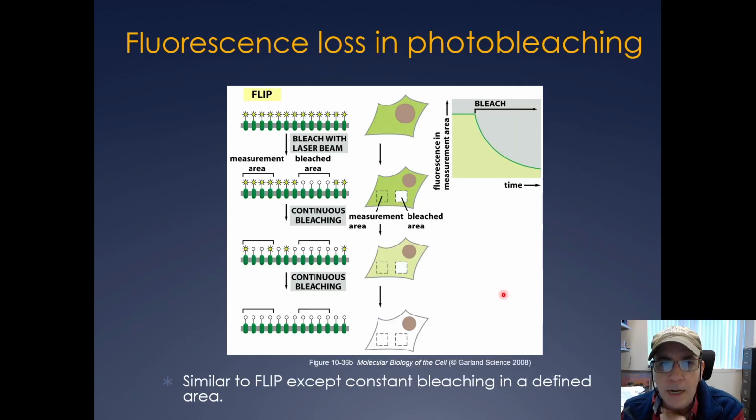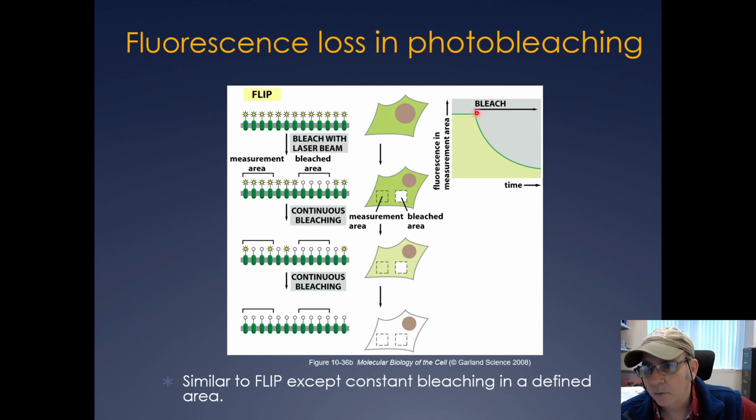You can also do the opposite, called FLIP, which is fluorescence loss in photobleaching, where you basically have GFP fused to a plasma membrane protein, and then you can continually bleach a specific area and measure in an adjacent area, and after continuous bleaching it's going to basically bleach out all of the GFP signal till eventually you have a cell that's not producing any color or any fluorescence.